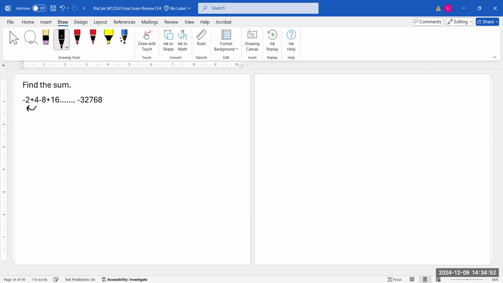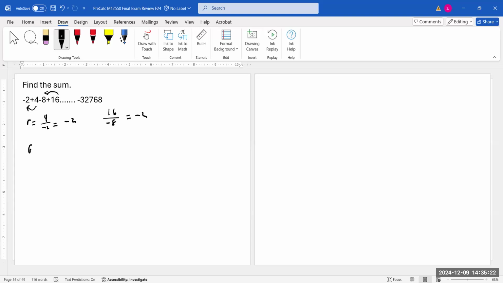So look at the ratio. We find the ratio by dividing the later number by the previous number. So 4 divided by -2 gives us -2. And 16 divided by -8 is -2. So it's a geometric series. Any two consecutive numbers have the ratio -2 between them.